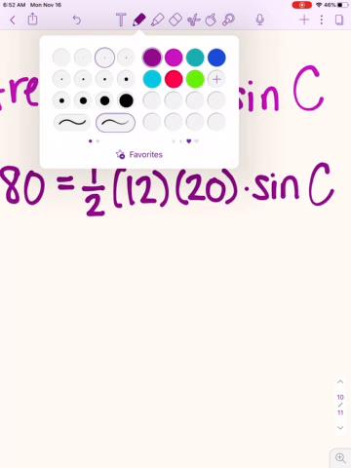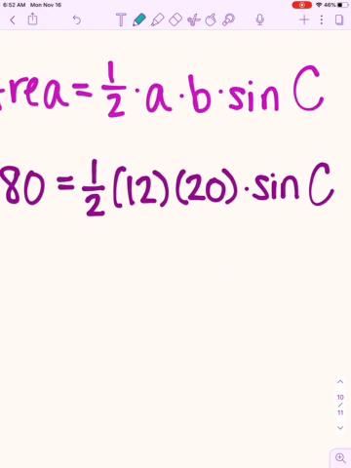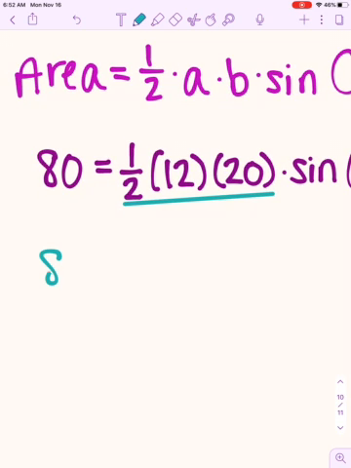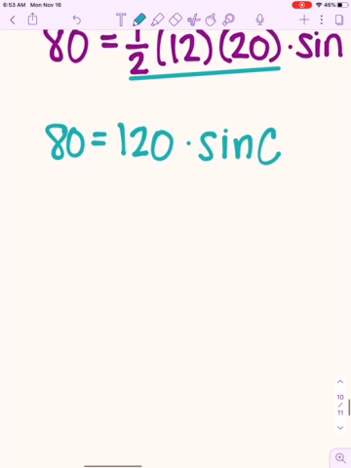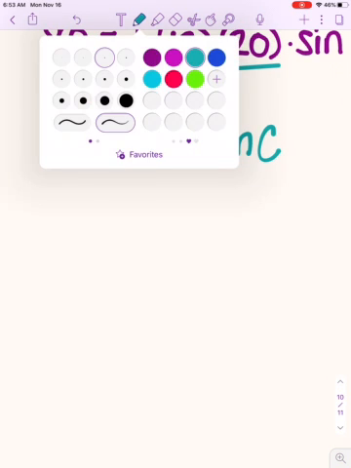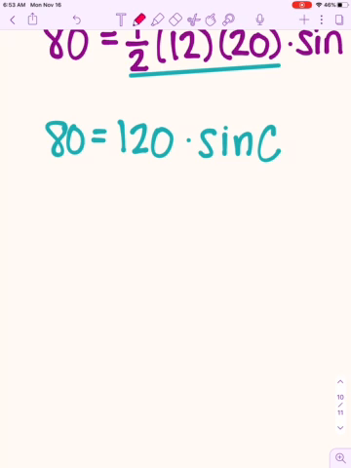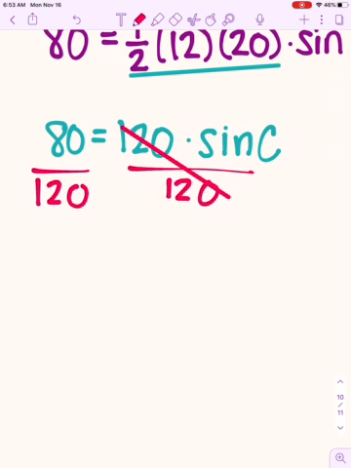Okay? Since you've got things on both sides of your equal sign, you can't just put it all in your calculator at once. You can put this into your calculator. So 80 equals 1/2 times 12 times 20 is 120 times the sine of angle C. Now you're trying to get sine C by itself. Right now sine C is being multiplied by 120, so you are going to divide both sides by 120, which cancels on the right.